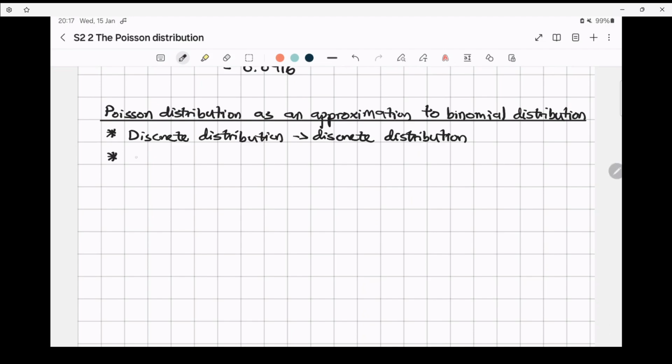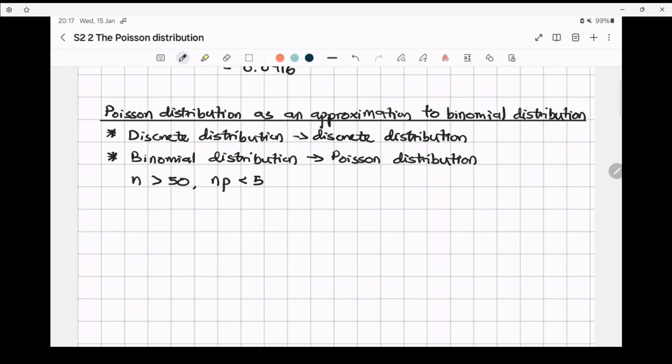Second thing is that you are going to approximate the binomial distribution using the Poisson distribution. Previously, when we look at approximations, we always have assumptions that you need to fulfill. So the criteria will be n has to be greater than 50 and np has to be less than 5.